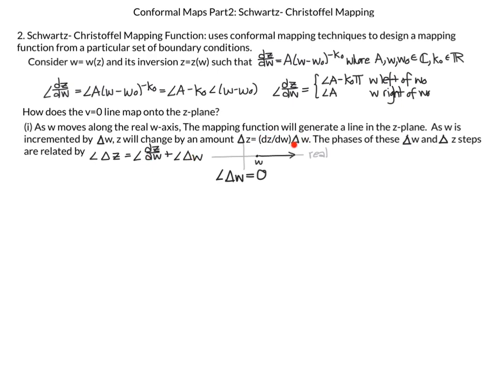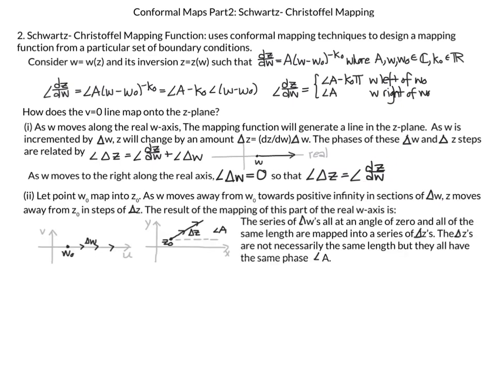When we multiply two complex numbers, we add their angles together. Now as W moves to the right along the real axis, the phase change, or its angle with respect to the real axis, is equal to 0 because we're just moving along here. We're not making any sort of angle with this real axis. So then our phase change in delta z is the phase change in dz dw.